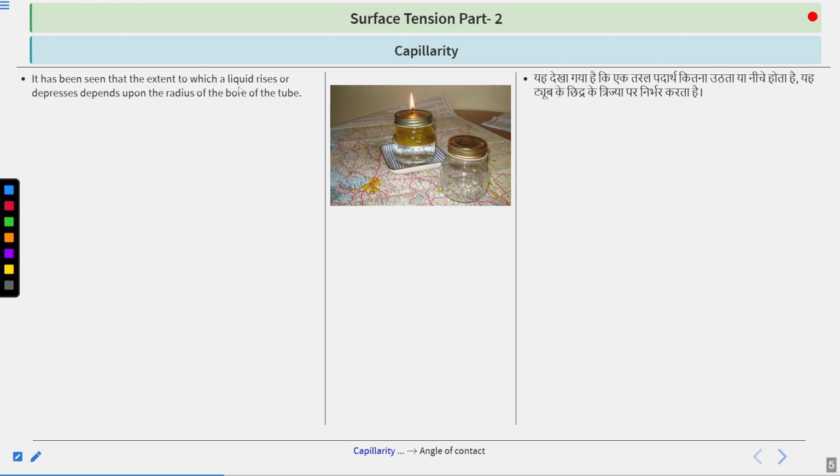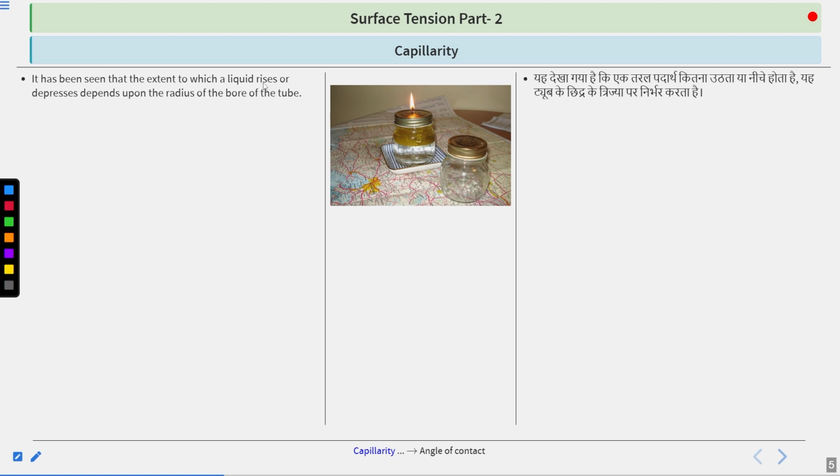But this is not the right statement. If you read it again, that misconception will be cleared immediately. It is not talking about the rise and fall of the liquid itself. That will happen obviously.